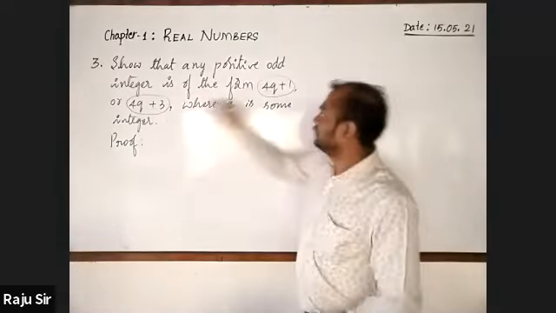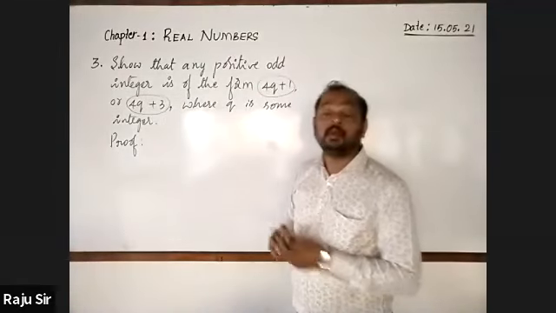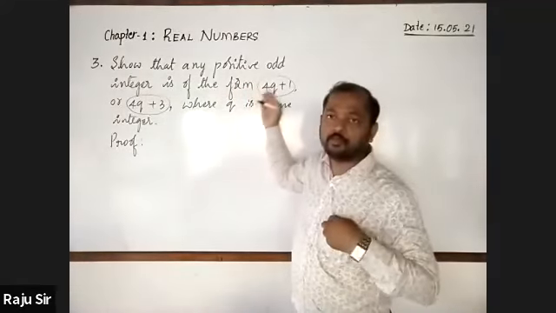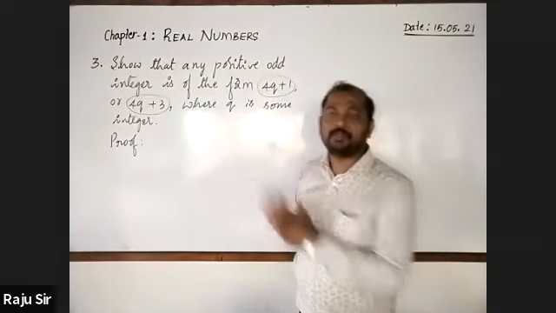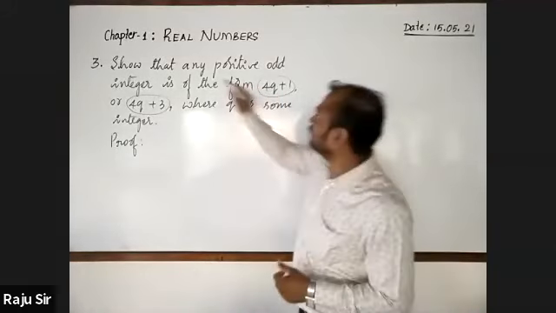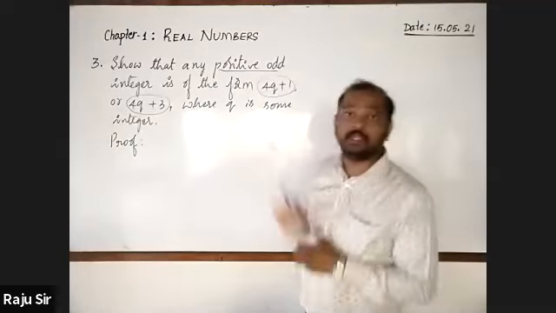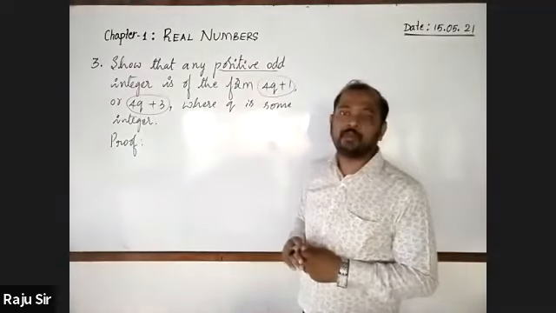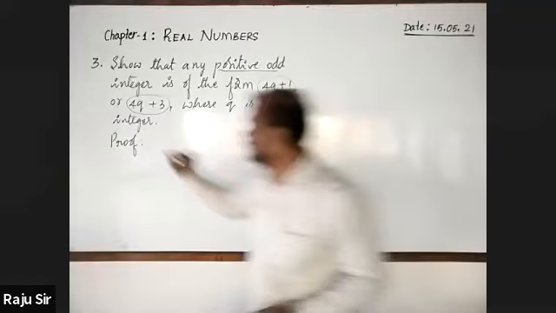Of course, these are two forms of odd integers, but it should be proved. We do not know what a positive integer is. First, let's assume that. Right. Let a be the positive integer.